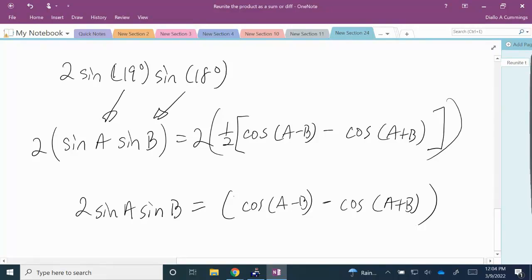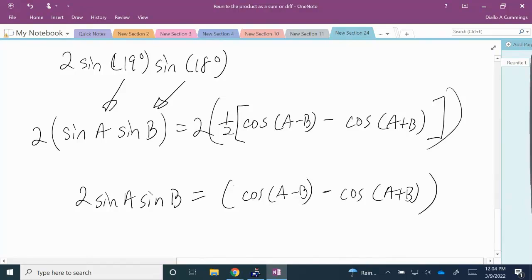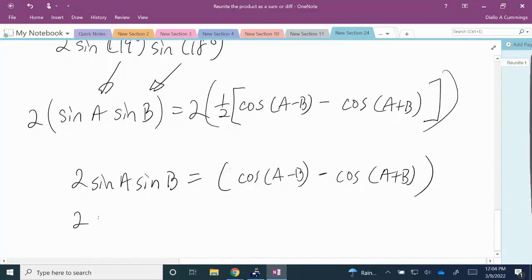And now I'm going to substitute A for 19 degrees and B for 18 degrees.